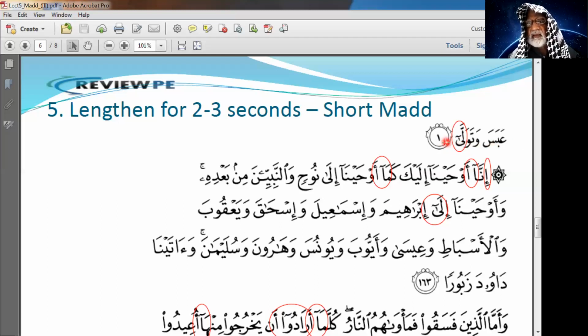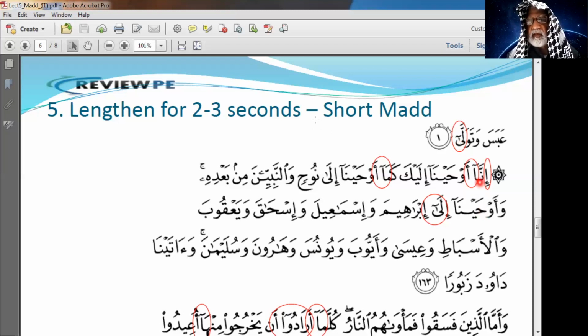In this case, we will ignore this mad and simply say abasa wa tawalla, pronouncing the previous mark, which is alif maksura, and that is only for the alif part. Abasa wa tawalla.